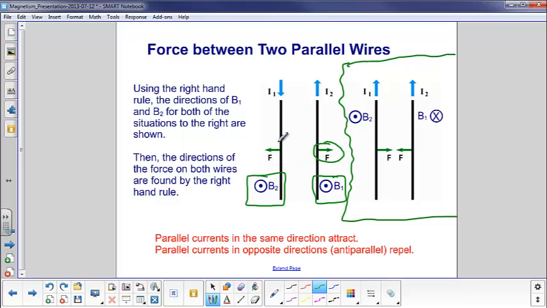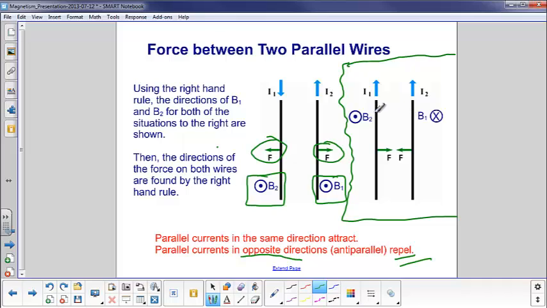When I do the right hand rule, I put my four fingers pointed down, and once again my palm is facing me. I curl my fingers towards me out of the page, and I find my thumb is pointing to the left. So this wire has a force going to the left. So what we have here is anti-parallel currents, or currents in opposite directions, repel each other.